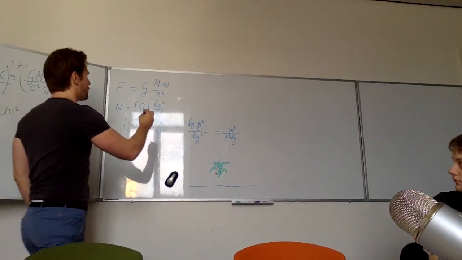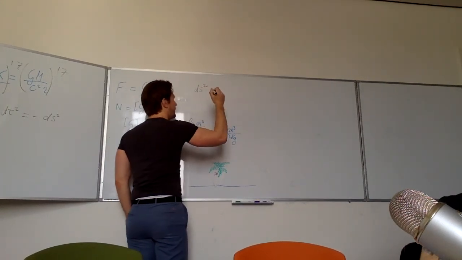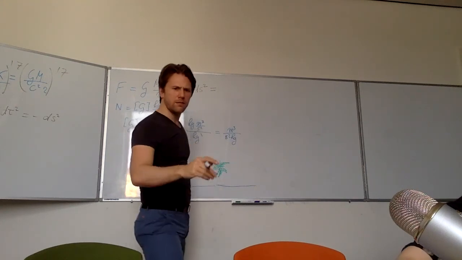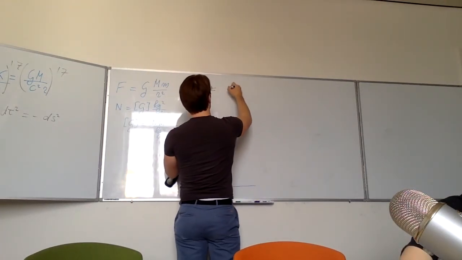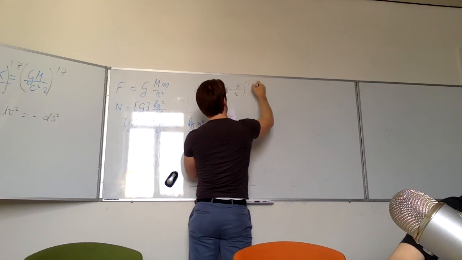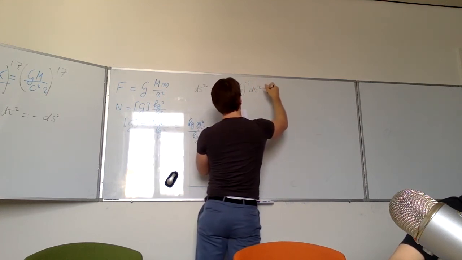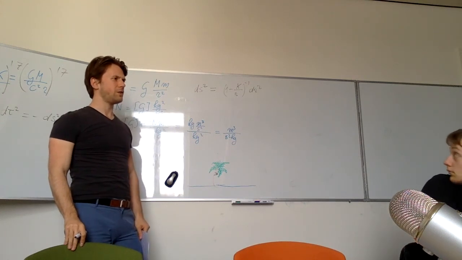Now, suppose that we do this. Then in our situation, what we have is ds squared is, what else do we have left now? 1 minus k over r to the power minus 1 dr squared. By the way, I'm going to set the phi and the theta to 0 as well.